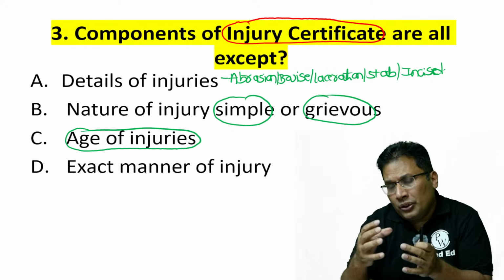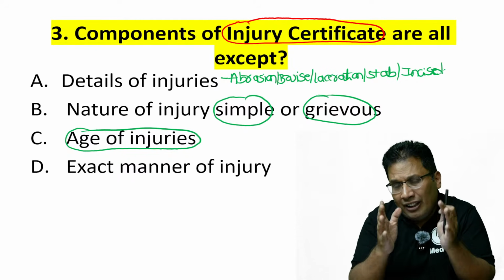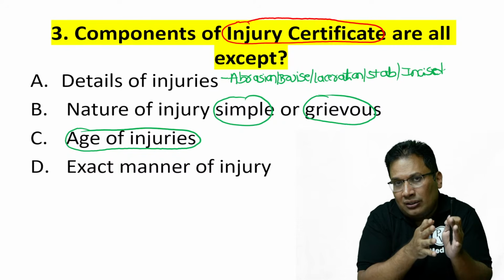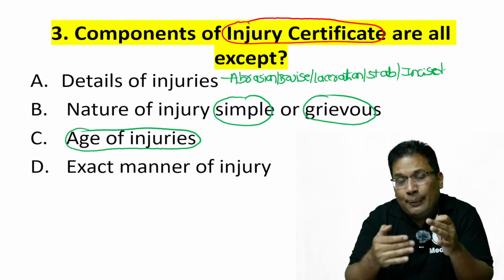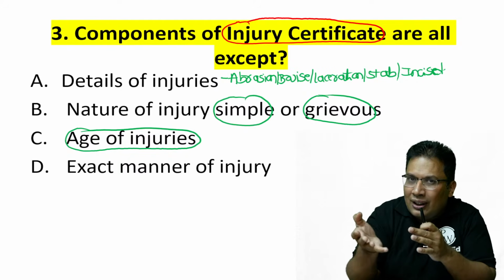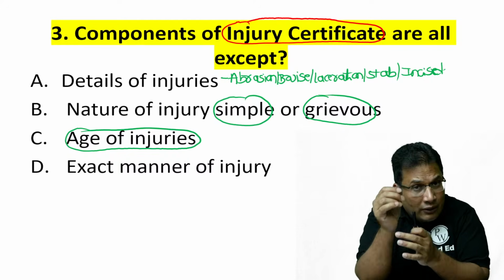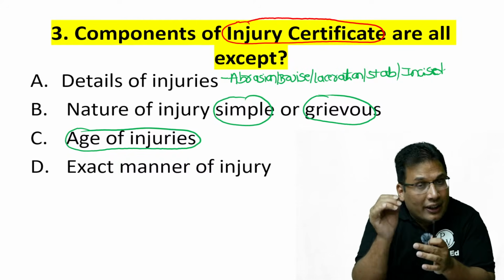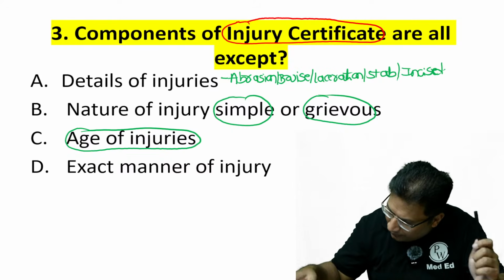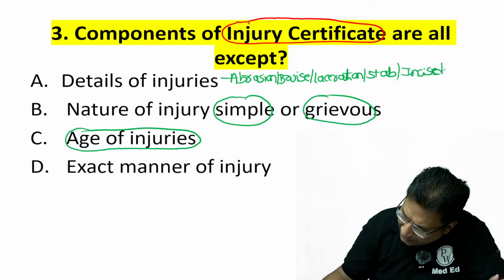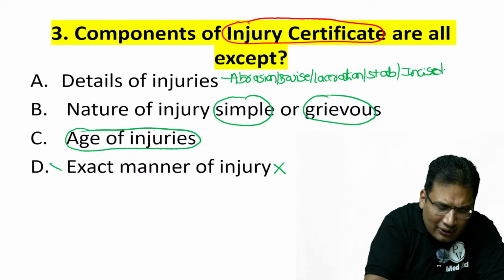In bruise, the mnemonic is RBBGY. When injury is fresh, it is red in color, then it becomes blue, then brown, green, and yellow. So age of injury, depending upon the color, is very important. Exact manner of injury? That is the wrong one.